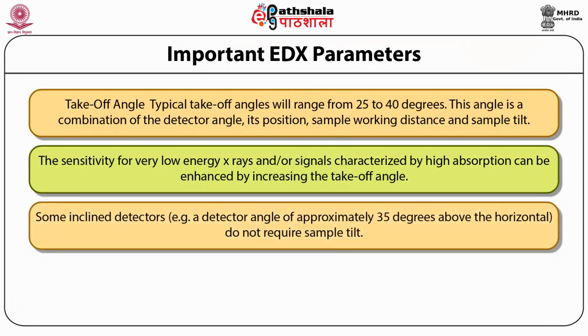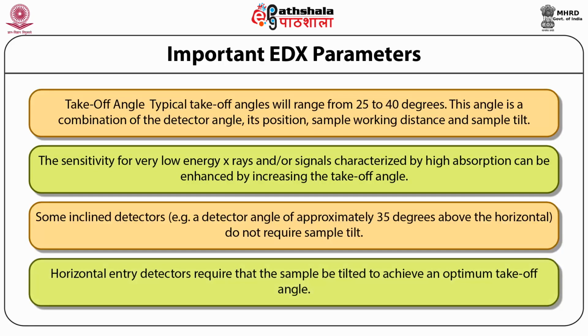Some inclined detectors, for example a detector angle of approximately 35 degrees above the horizontal, do not require sample tilt. Horizontal detectors require that the sample be tilted to achieve an optimum takeoff angle.